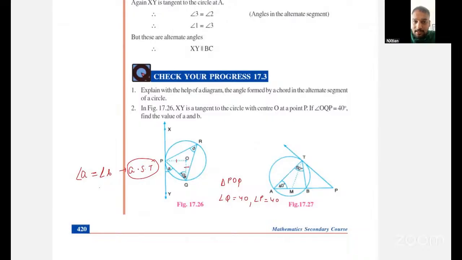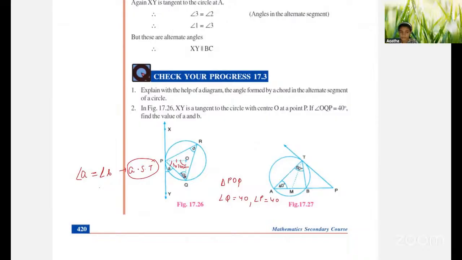Got it? So in an isosceles triangle, the opposite angles will be equal. If this is 40, then this is also 40. Now 40 plus 40 is 80, and this will become 100 because of the angle sum property.